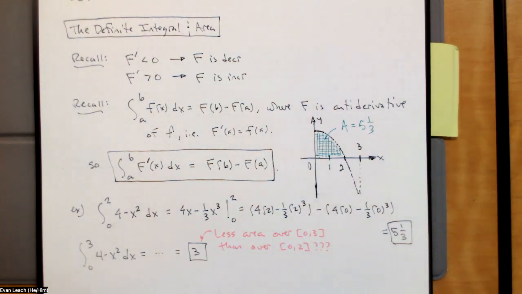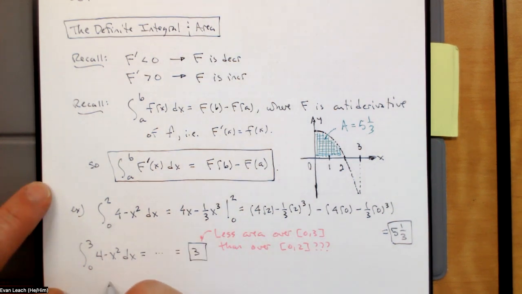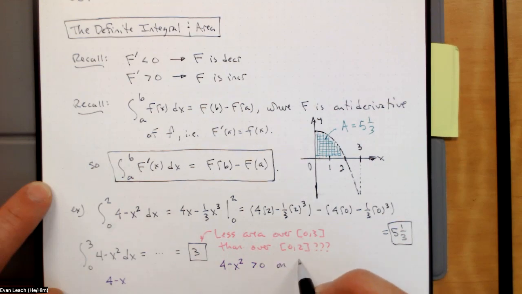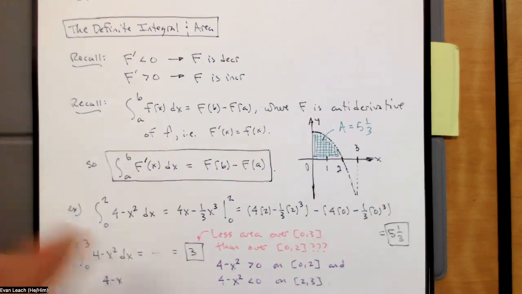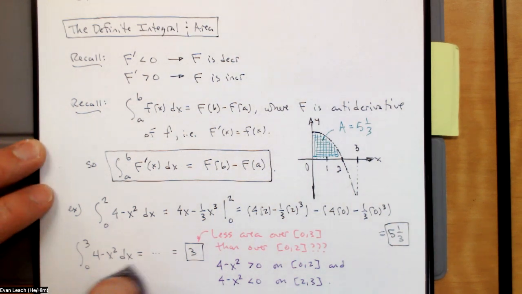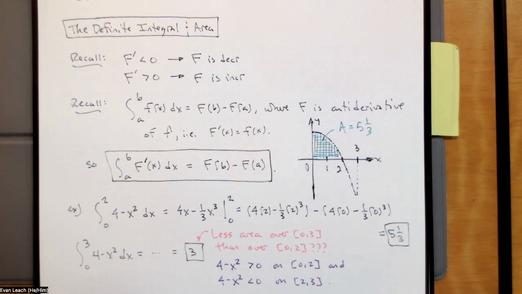So the function that we're integrating, 4 minus x squared, is positive on the interval from 0 to 2 and is negative on the interval from 2 to 3.